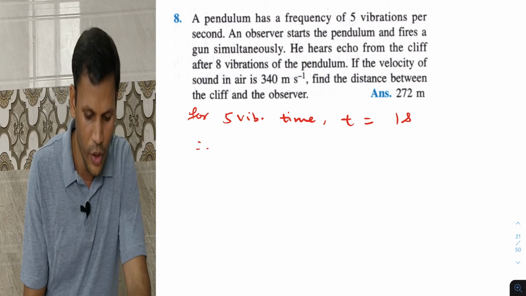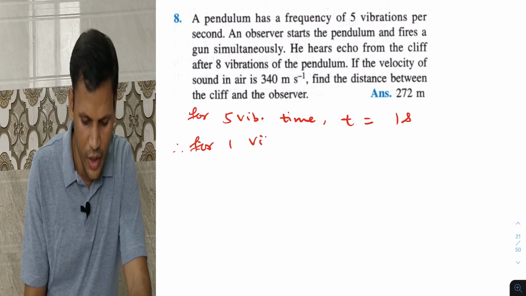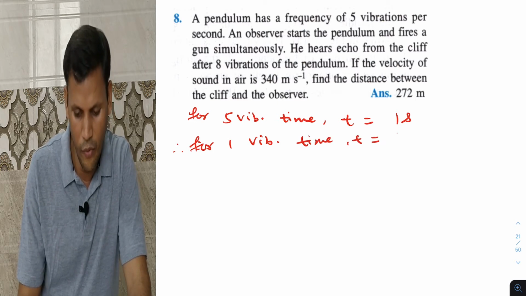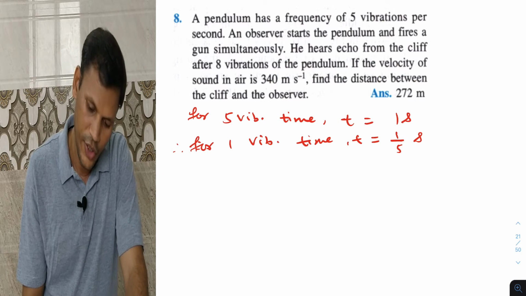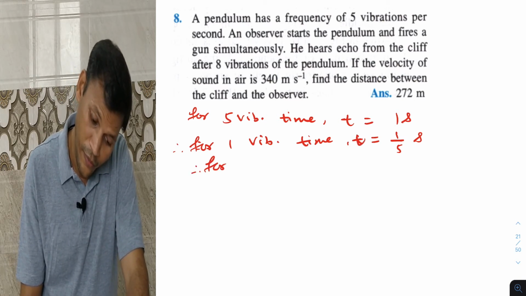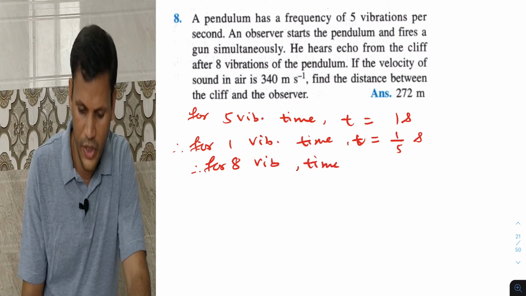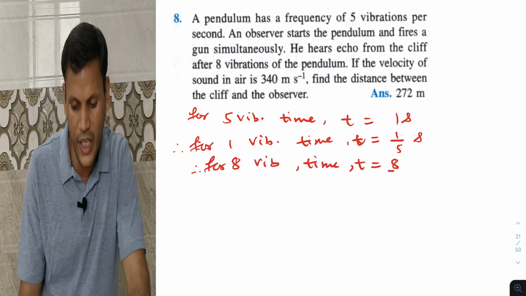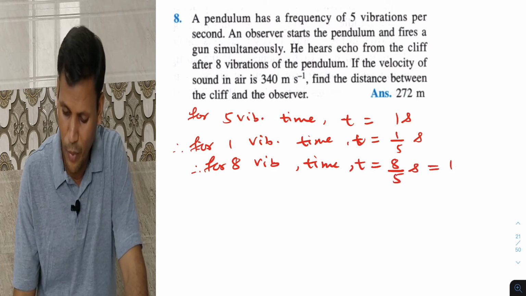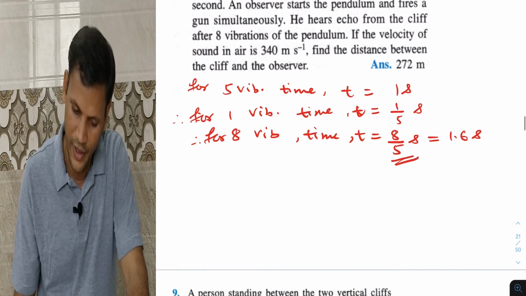Therefore, for 1 vibration time t will be 1/5 second. Therefore, for 8 vibrations time t will be 8/5 second, which is 1.6 second, but I will use it as 8/5 only.